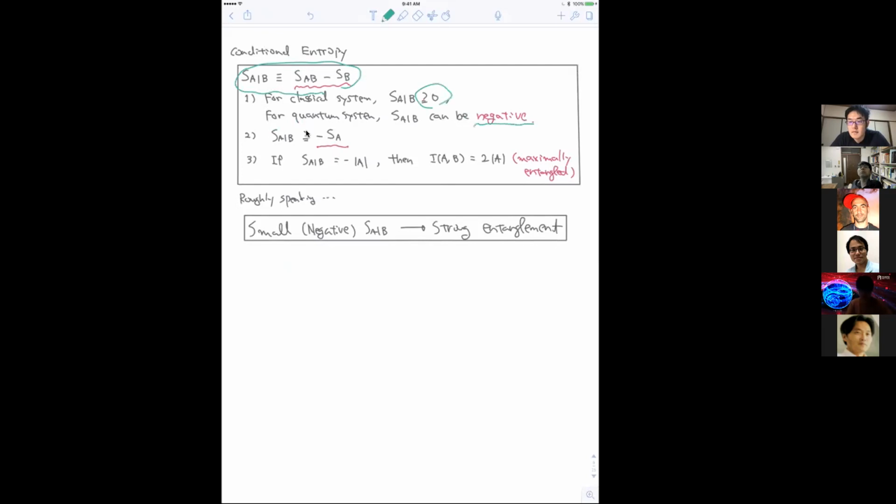And this quantity is lower bounded by minus the entropy of A, and so on. But the point is that if this is very, very negative, then there is a lot of entanglement between A and B. And in fact, if this conditional entropy is maximally negative, then you can show that the mutual information is maximum. So it's maximally entangled. So roughly speaking, negativity of conditional entropy means strong entanglement. And that's all we need to know.